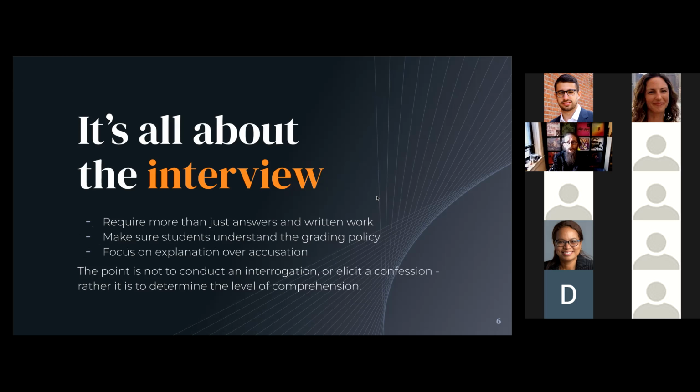And really what this all comes down to is incorporating some interpersonal aspect to your assessment strategy. Because if all you're doing is giving, whether it's a WeBWorK problem, whether it's a PDF, static problems, however you deliver your problems, if there's no interpersonal aspect to your assessment, then you're really just relying on the student's written work.